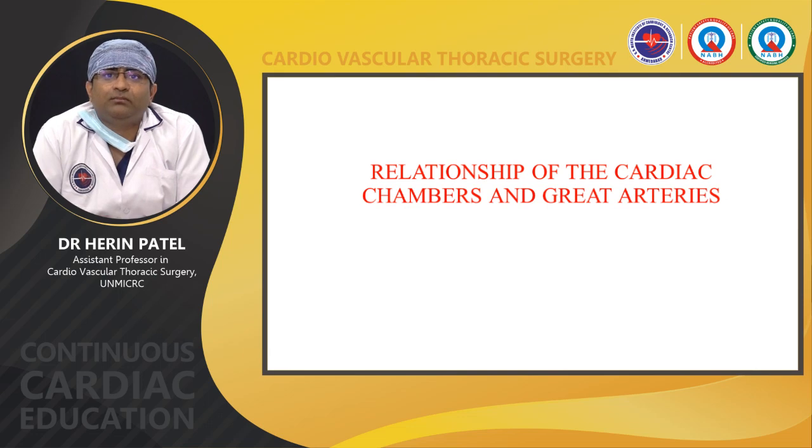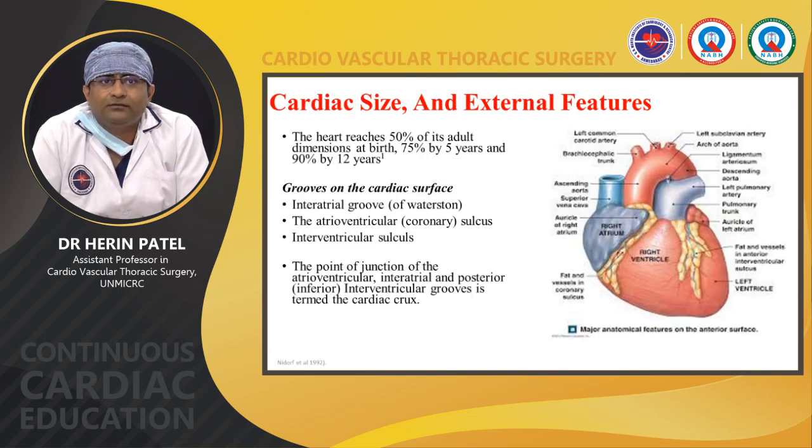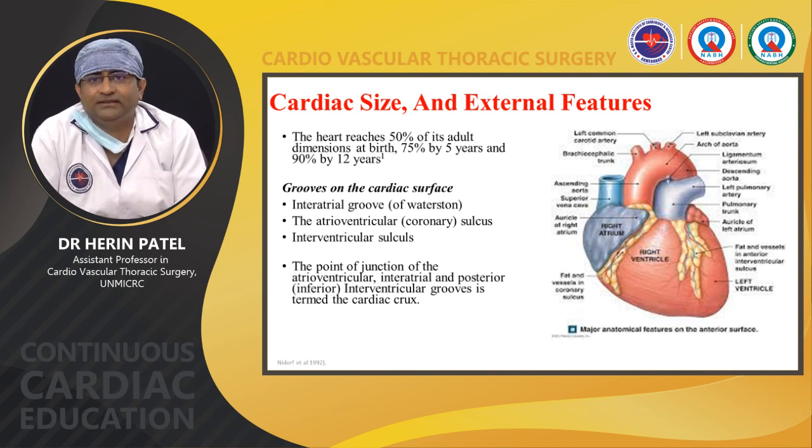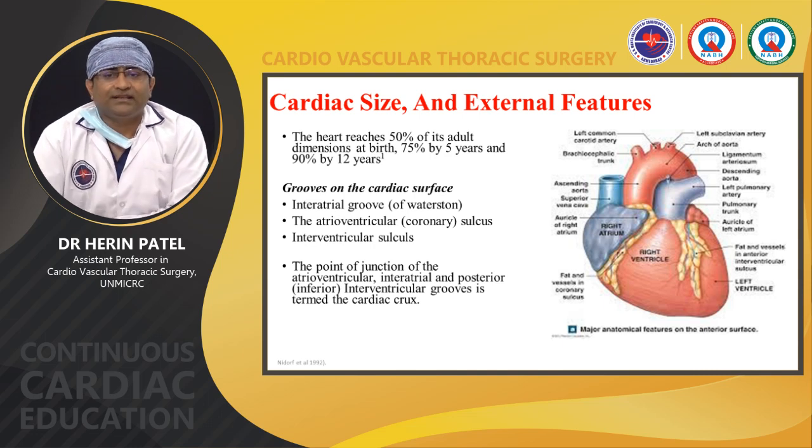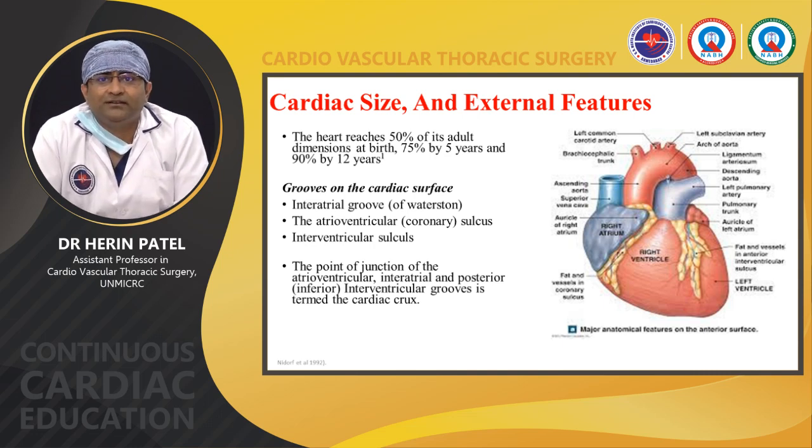Relationship of the cardiac chambers and the great arteries. First, I would like to say the heart reaches 50% of the adult dimension at birth, 75% by 5 years and 90% by 12 years. The differentiation between the atria and ventricles forms the boundaries which are externally seen as sulci.